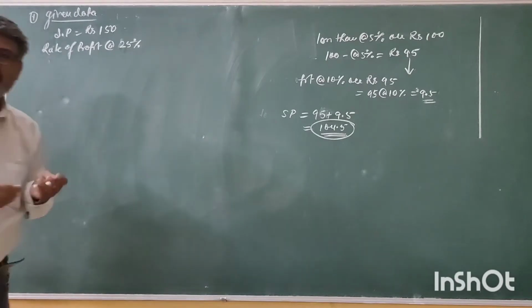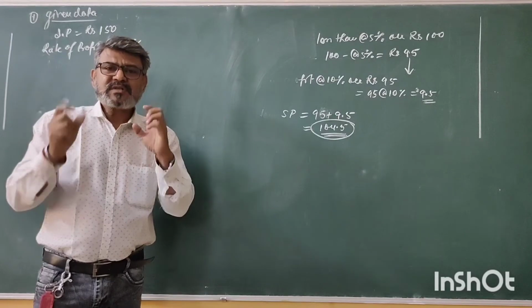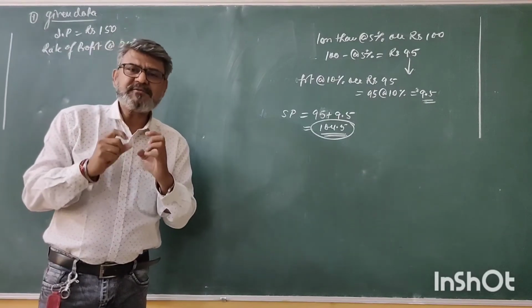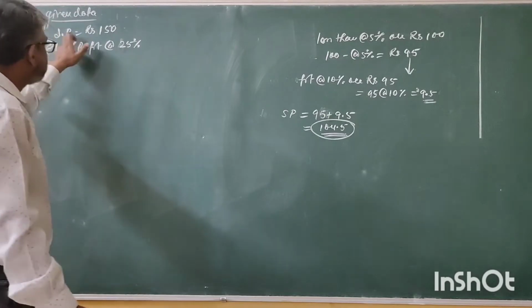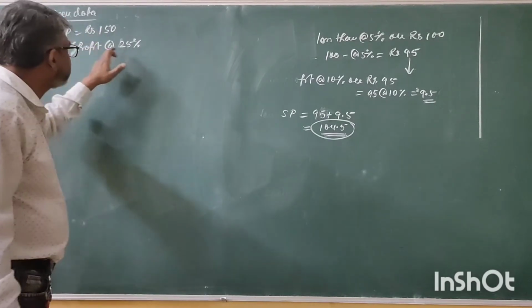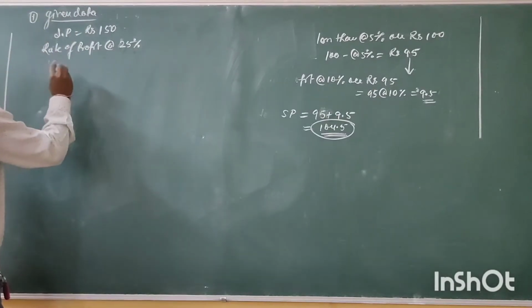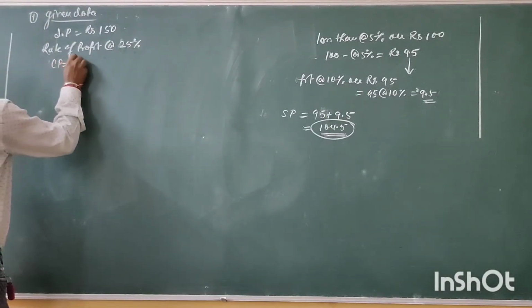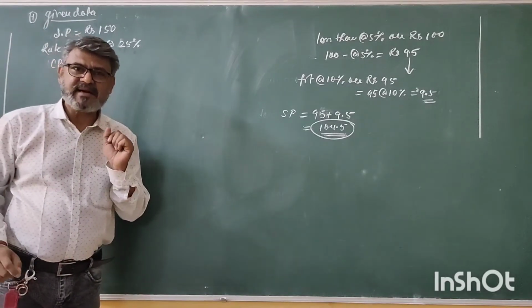मैंने आप लोगों को पहले ही बताया है कि अगर आप सेंटेंस को जब रीड करते हैं तो उसका कॉन्सेप्ट क्या होता है. What is the concept of the sentence? As per the first sentence, the selling price is 150 and the rate of profit is 25%. Now, which item is unknown? Say CP. Now, first of all, you have to calculate the cost price. Understand?